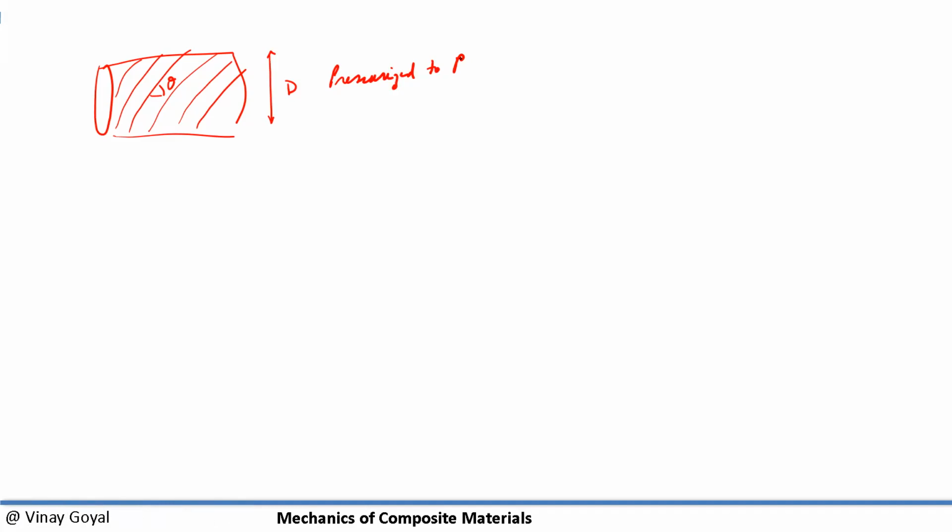And we're given properties. We're given E11, we're given E22, for example. We're given G12 and nu12.